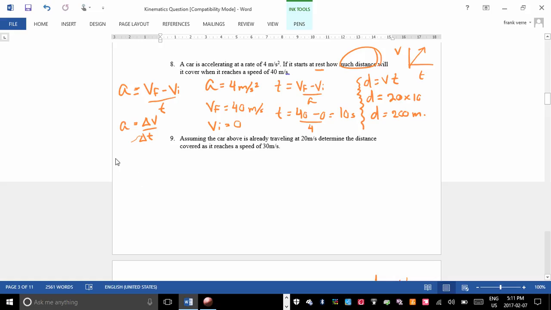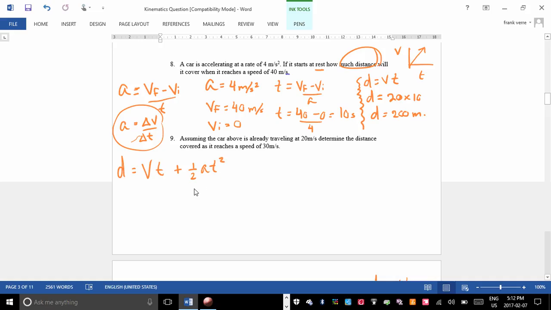The other one is actually a combined equation, which I'm not going to derive here for you. It's a combination of the acceleration equation with the formula for distance. Remember, distance is simply speed times time. We'll talk about velocity later on. But now we're going to factor in the acceleration.